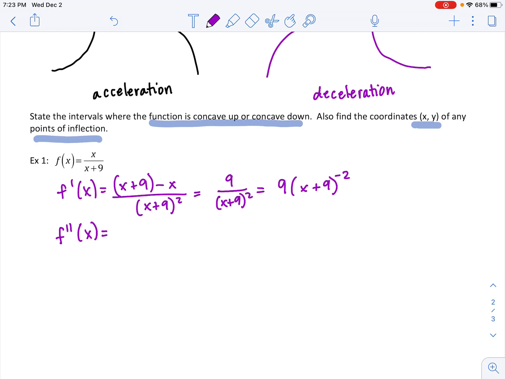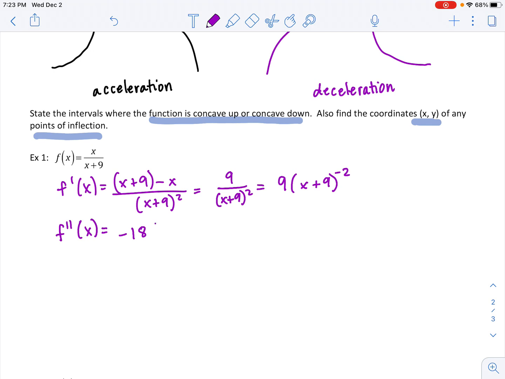So on my second derivative line of work, I'm going to write negative 18 times x plus 9 to the negative 3. And then I'd multiply by the derivative of x plus 9, but since it's 1, I don't have to do that. And to help me with my work, I'm going to write this with a positive exponent so I can really see what I'm working with. So this is the second derivative.